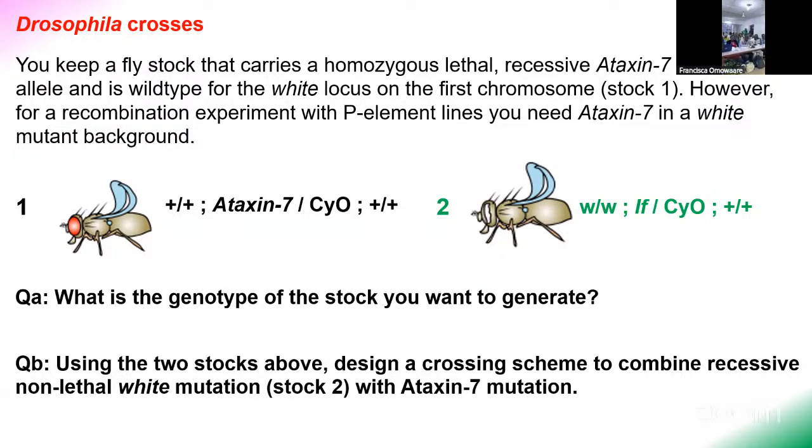Yes, you can have CYO over CYO, but that's going to be lethal, right? So another thing that you can have is this if over this curly. Is that okay? So you can dilute out this. So number 5, you can have plus over, and then if over curly, right?